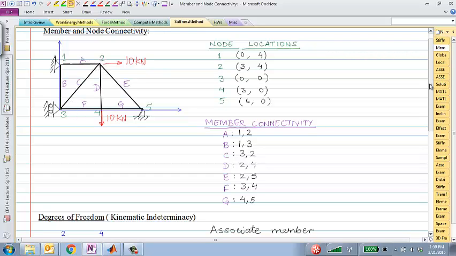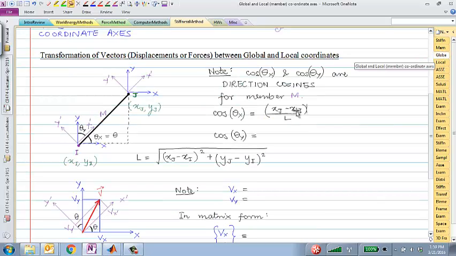That's exactly what we are doing here. Cosine theta x is xj minus xi over L. Cosine theta y would be, since this is also theta y, this length divided by the hypotenuse, which would be simply yj minus yi over L, right? Just geometry.